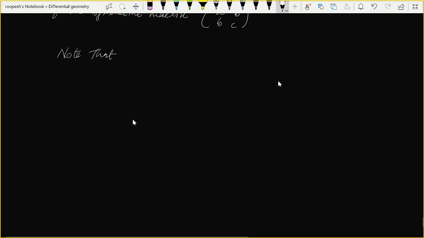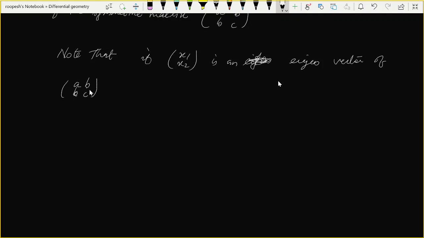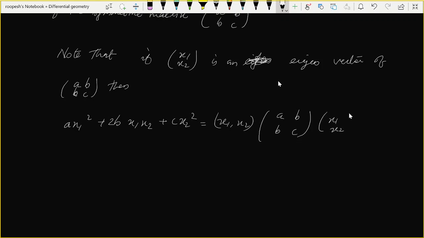So note that if x1, x2 is an eigenvector of the symmetric matrix A, B, B, C, then ax1 square plus 2b x1 x2 plus cx2 square can be written, converting everything into matrix form, as x1 x2 into A, B, B, C into x1 x2, right?